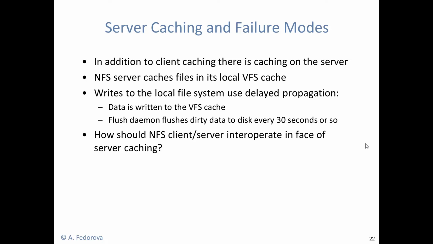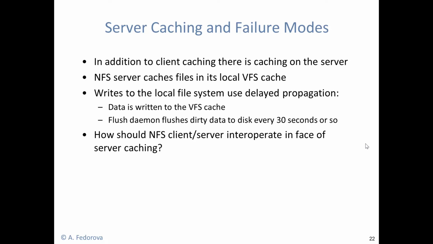The server writes the data into its VFS buffer cache, and typically the data does not go to disk immediately, right? We remember that when the data is in the VFS buffer cache, the flush daemon writes the dirty data to disk only periodically, every 30 seconds or so.